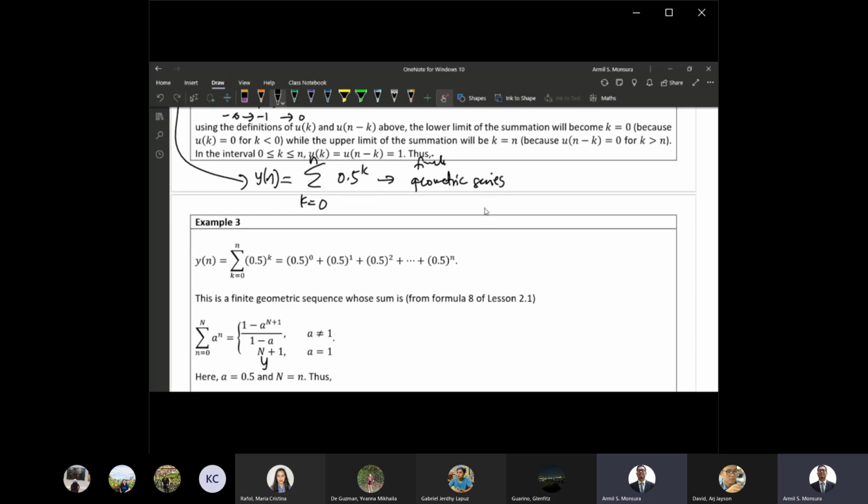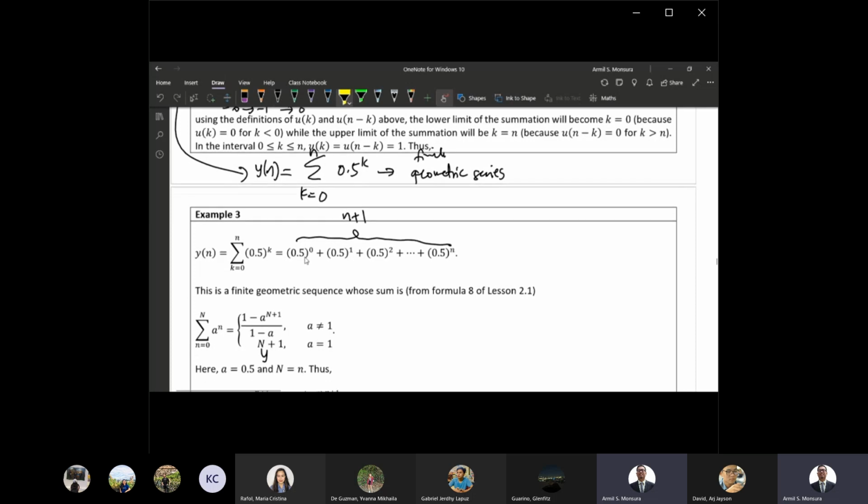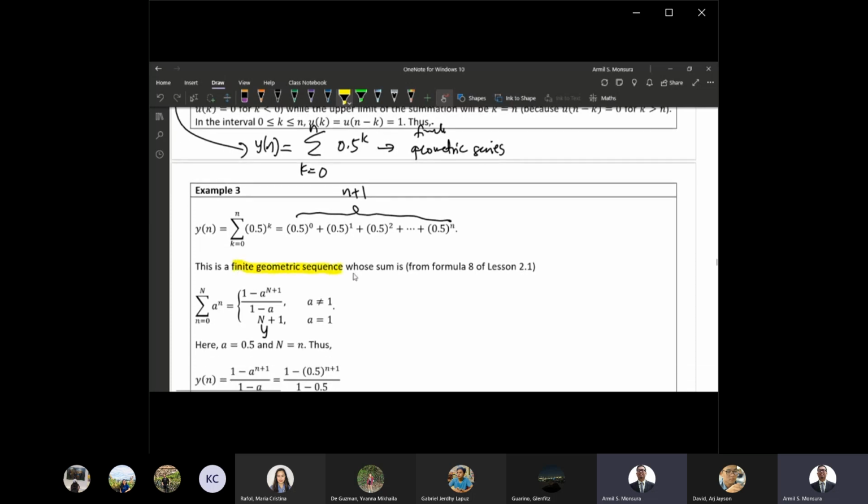Meron siyang haba na n plus 1. So the sum of a finite geometric series, again, is provided to us dun sa formula 8 ng lesson 2.1.